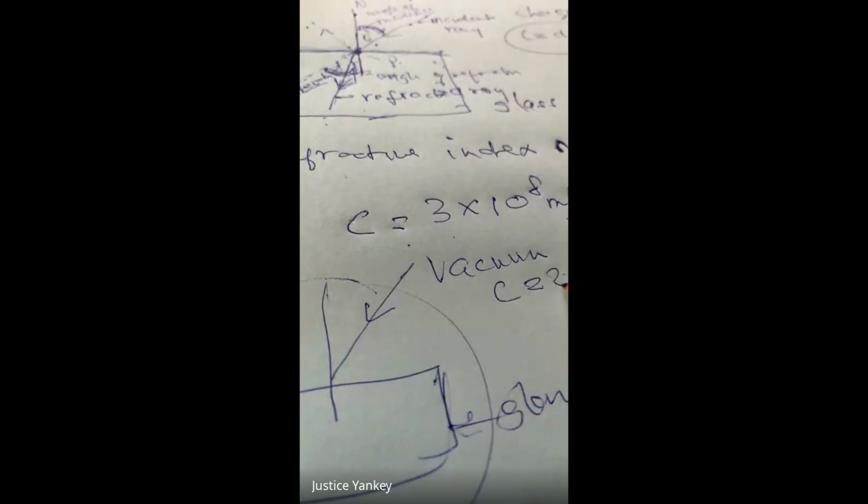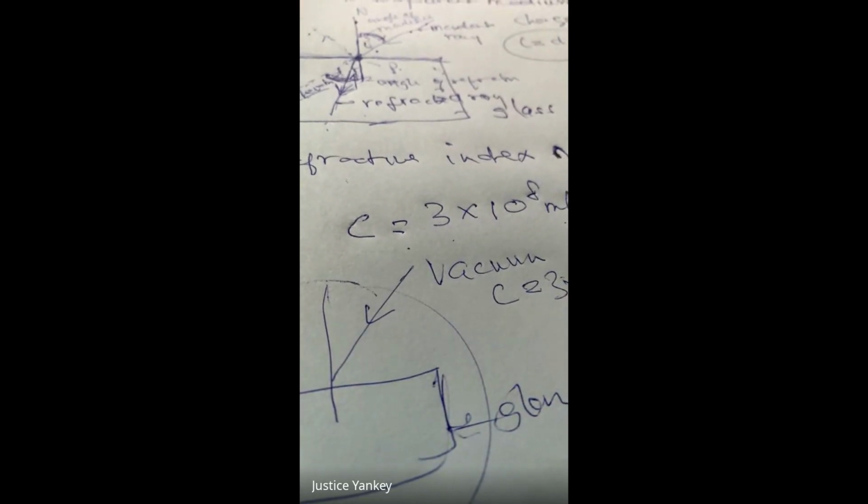We know the speed of light in vacuum, C, equals 3 times 10 to the power 8 meters per second. Now, when it enters the glass, it will slow down to a new speed, V.